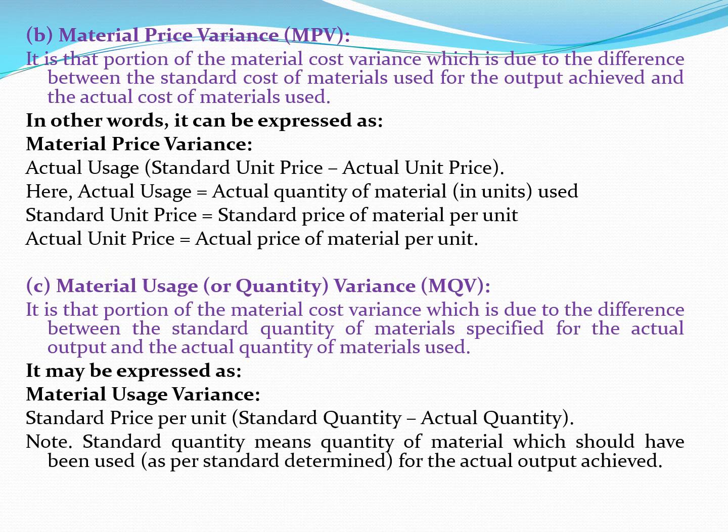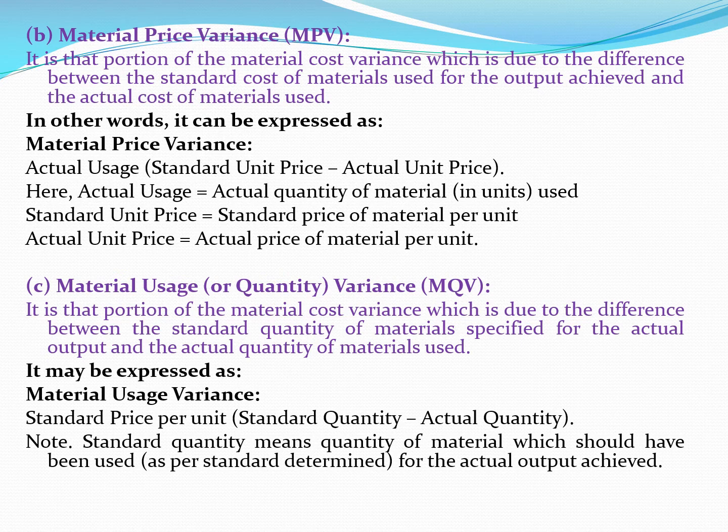Now let us see the second material variance, which is material price variance. It is the portion of the material cost variance which is due to the difference between the standard cost of materials used for the output achieved and the actual cost of material used. In other words, it can be expressed like this: material price variance equals actual usage into the difference between the standard unit price and the actual unit price.